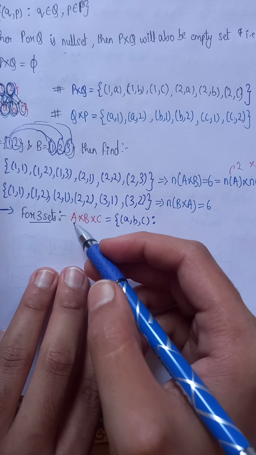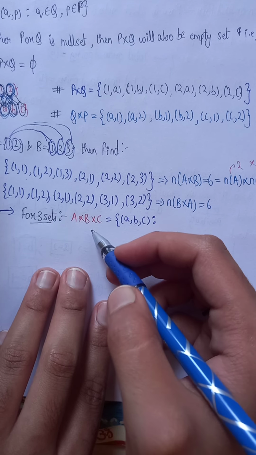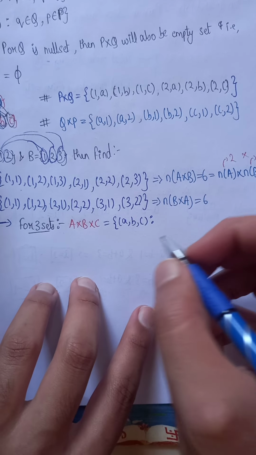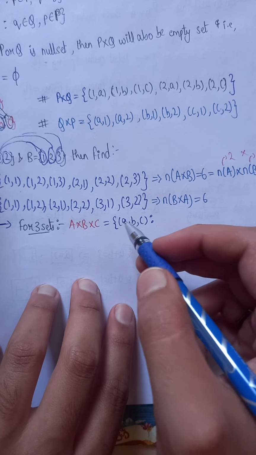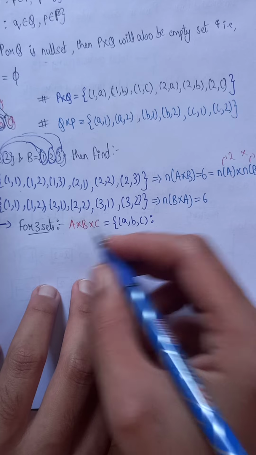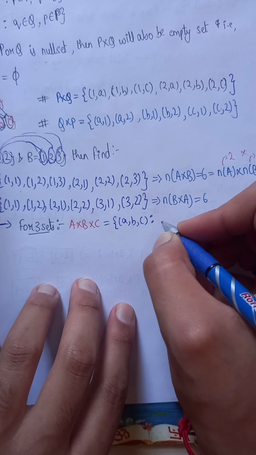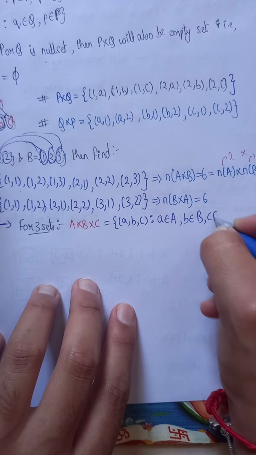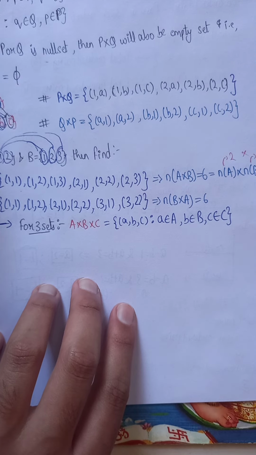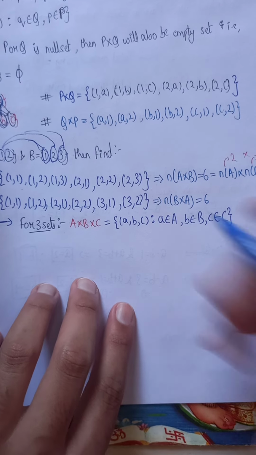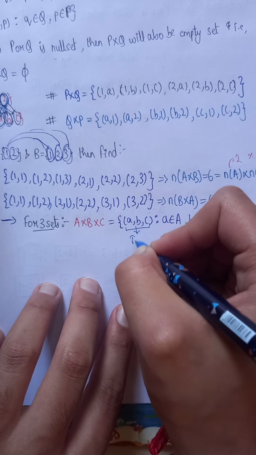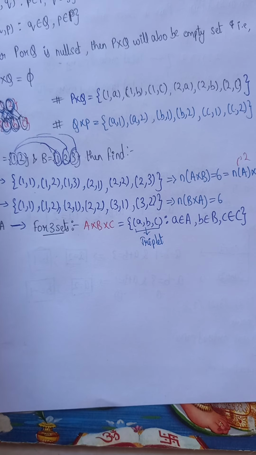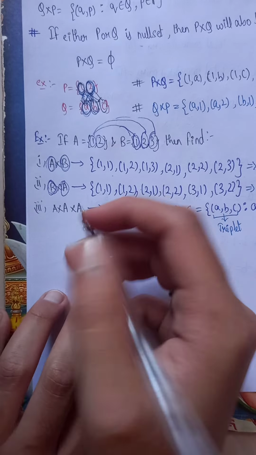Suppose the elements of set A are small a, the elements of set B are small b, and the elements of set C are small c. We write the elements of capital A first, then capital B, and then capital C. Here a belongs to capital A, b belongs to capital B, c belongs to capital C. Okay, it's a triplet. This is how we calculate for 3 sets.